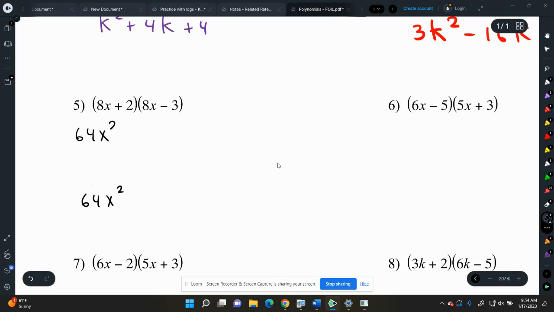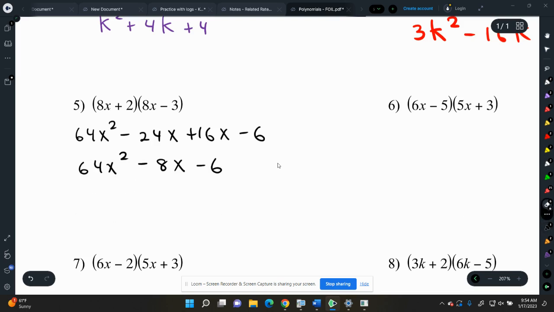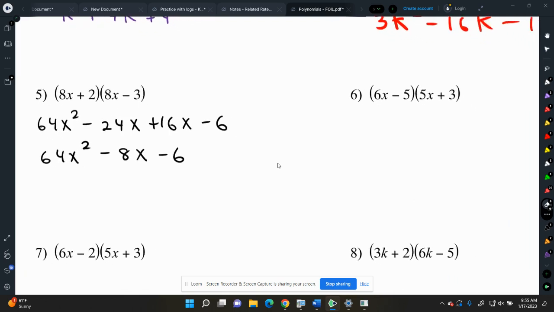That's fine. And then you have to combine the like terms, which is 24x and 16x. You get 8x. Good. And by the way, even though in your mind you did it differently and you distributed, it's actually exactly the same thing. So that's good. Very good. Okay.